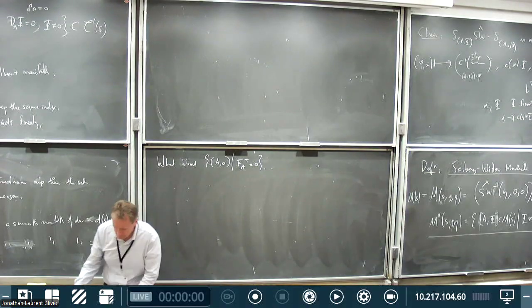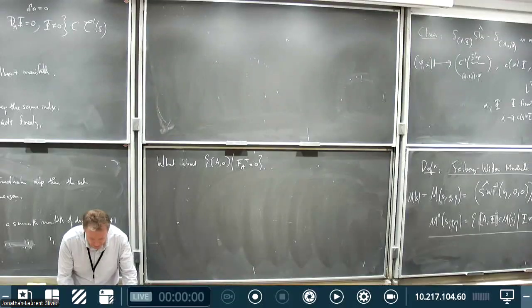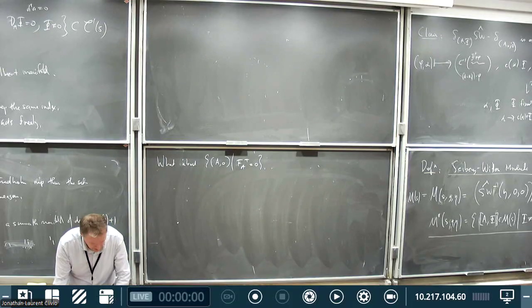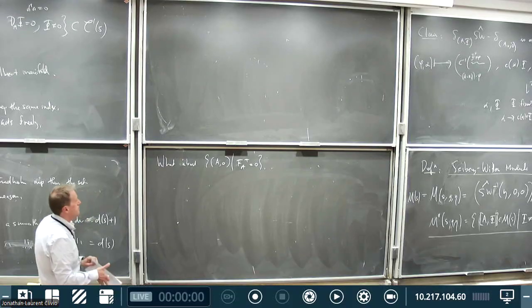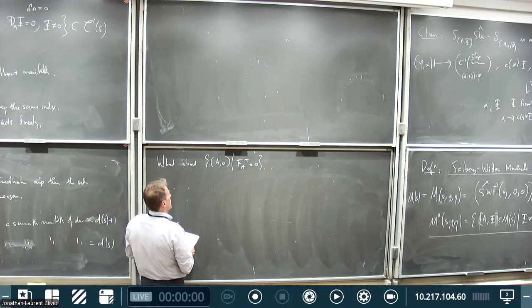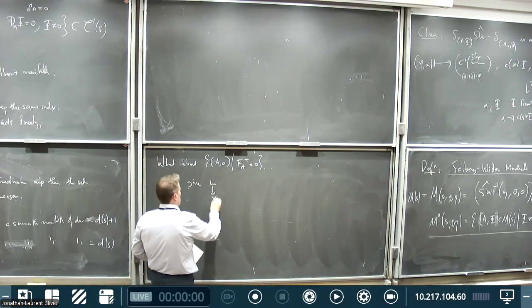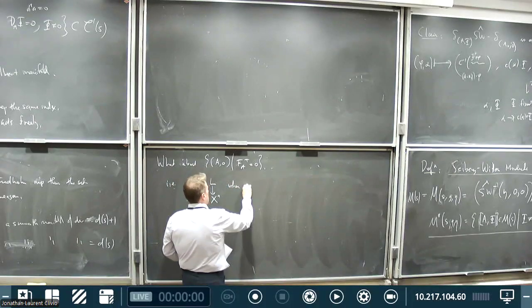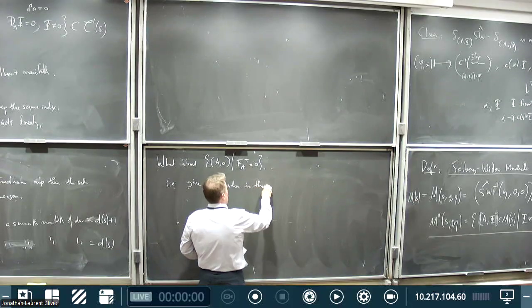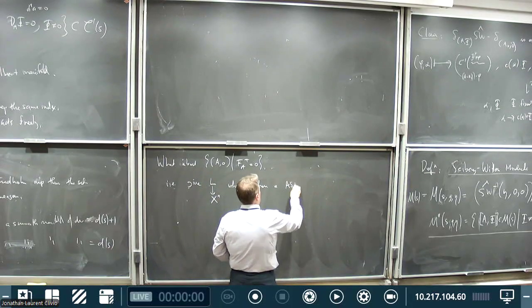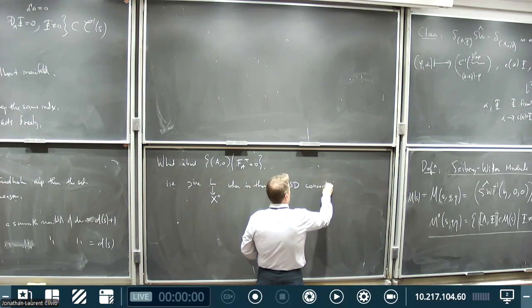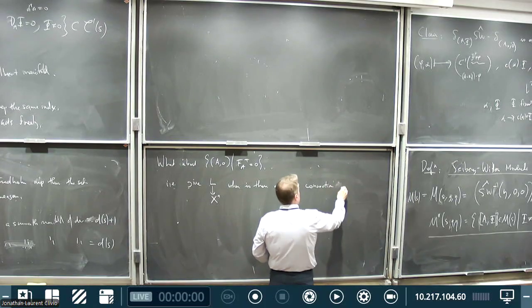So we've got a problem: given this line bundle over the four-manifold, when is there an anti-self-dual connection on L?